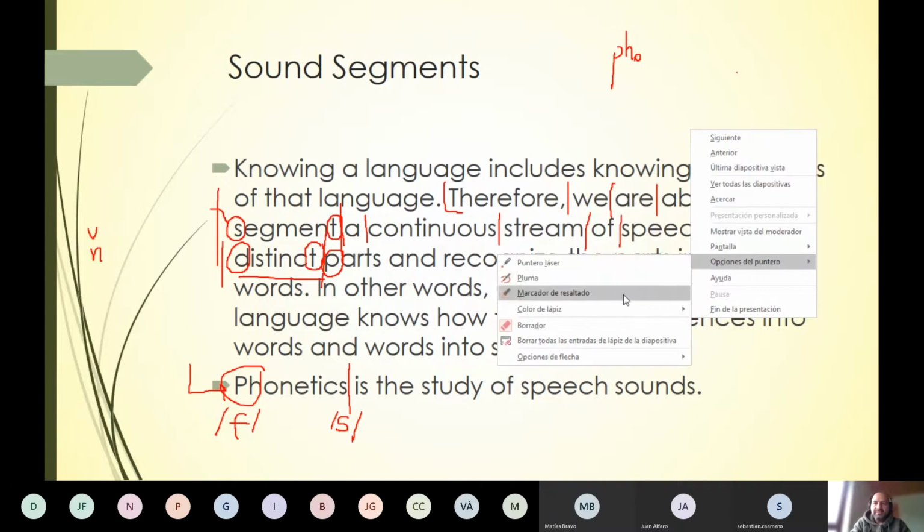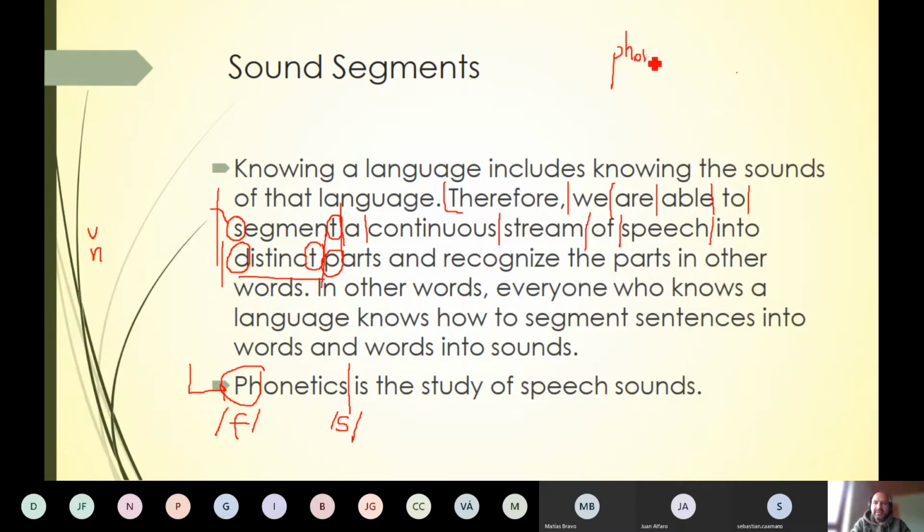When you have this phonological awareness, you are able to identify, for example, the boundaries of words, when a word begins and when a word ends, and then when the next word begins and ends. It's called phonological awareness.